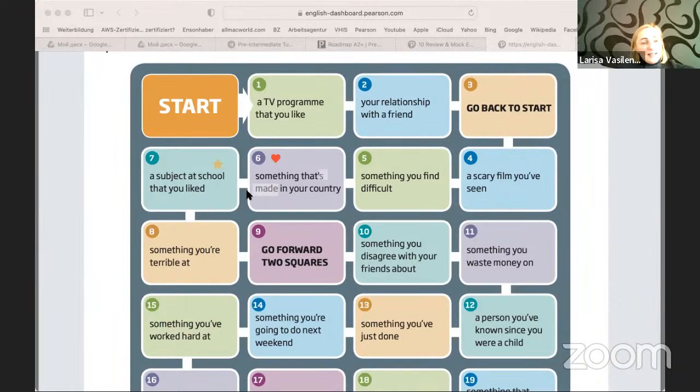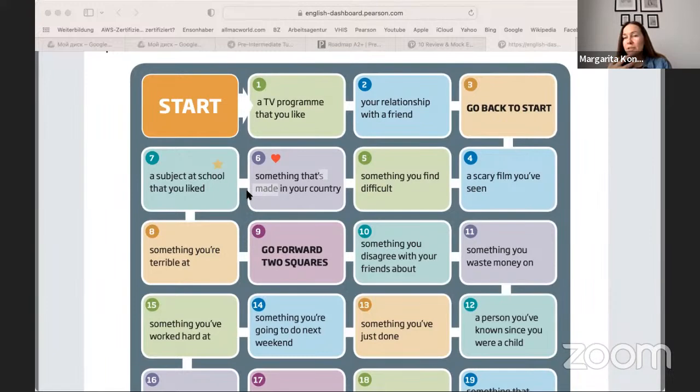Lada Kalina is made in Russia. Right, true.